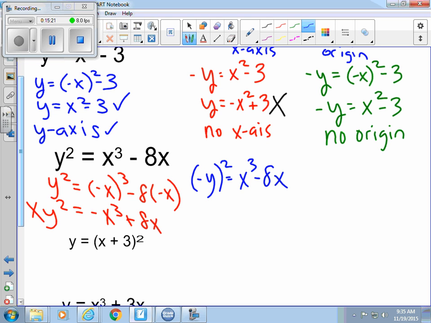Just y squared. Is that equivalent to the original? Sure is. Absolutely. So, what does that mean? Yeah, that's x-axis.